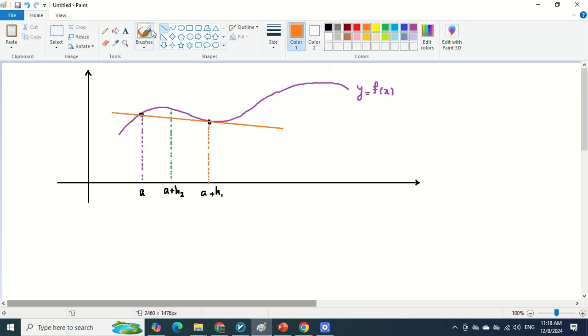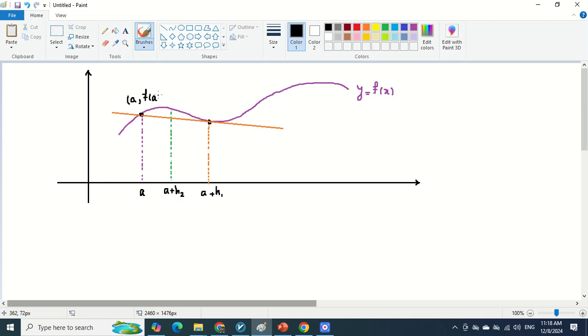Why? Because we have the components of the given points. At this point the first component is a, and the second component is the value of the function at the point a, so it will be f of a.